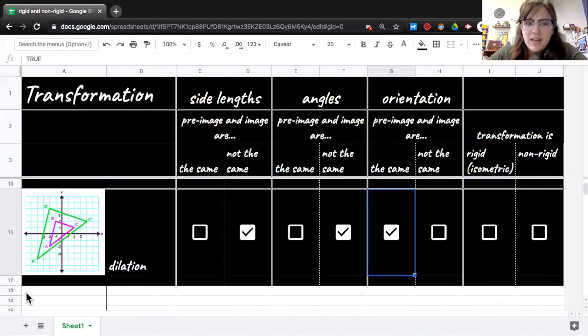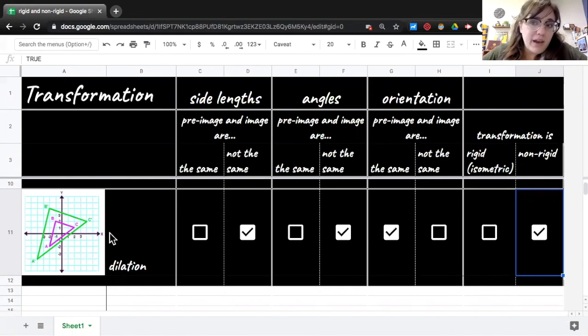If I look at them, it's kind of tricky because I can tell that the angles are the same like we discussed, and the orientation is the same, but the size is different. So that makes it non-rigid. A dilation is non-rigid because the size is different. I cannot prove that line BC is the same as line B prime, C prime.